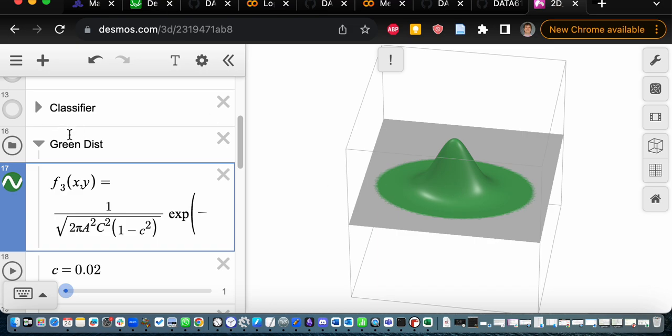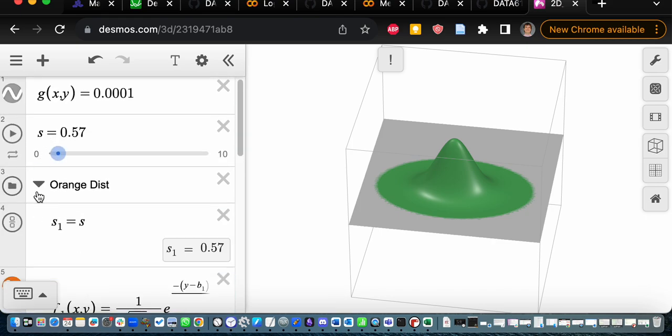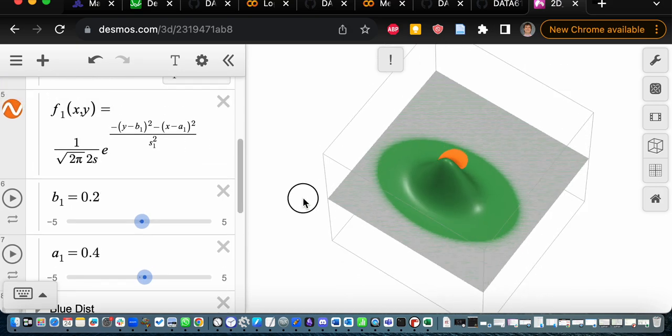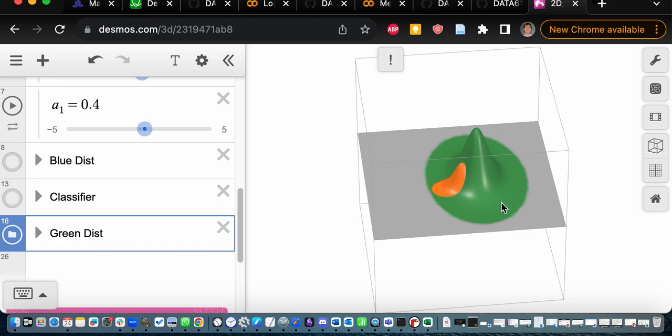And this will hold for each individual class. Remember, we have multiple classes. So for example, there's a green class and there's an orange class. Within each class, if you are a green class, then your x1 and x2 are independent. If you're an orange class, your x1 and x2 are independent.